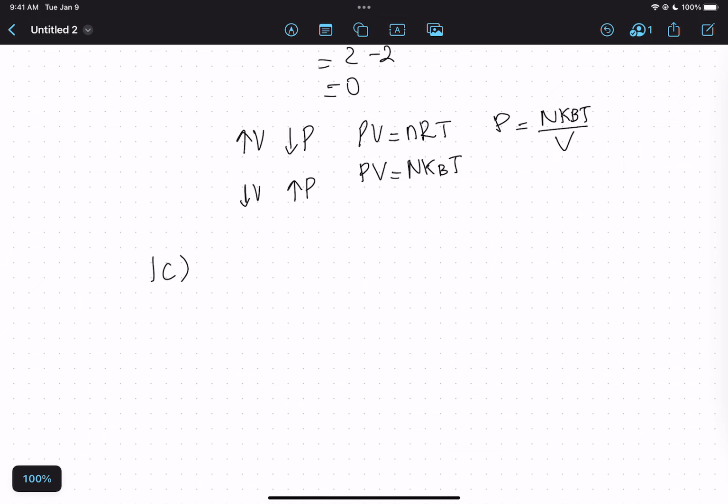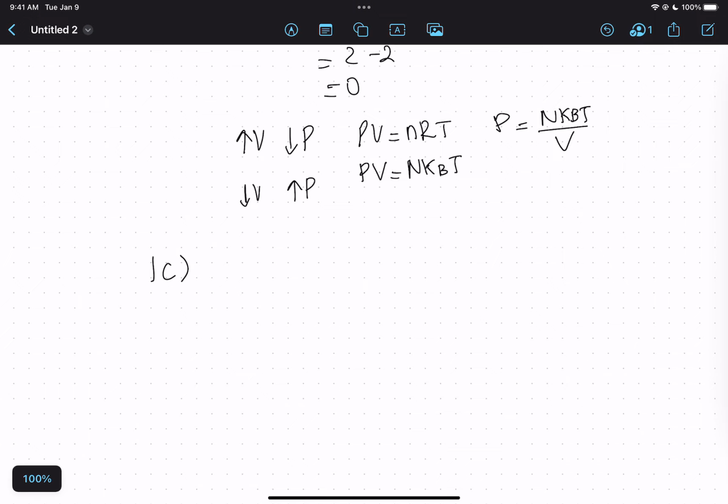So that'd be your volumetric multiplicity. That would be V container over V molecule, raised to the power of n. If we look at what C is asking, they want you to look at delta S energy and delta S volume, so the energetic entropy and the volumetric entropy.